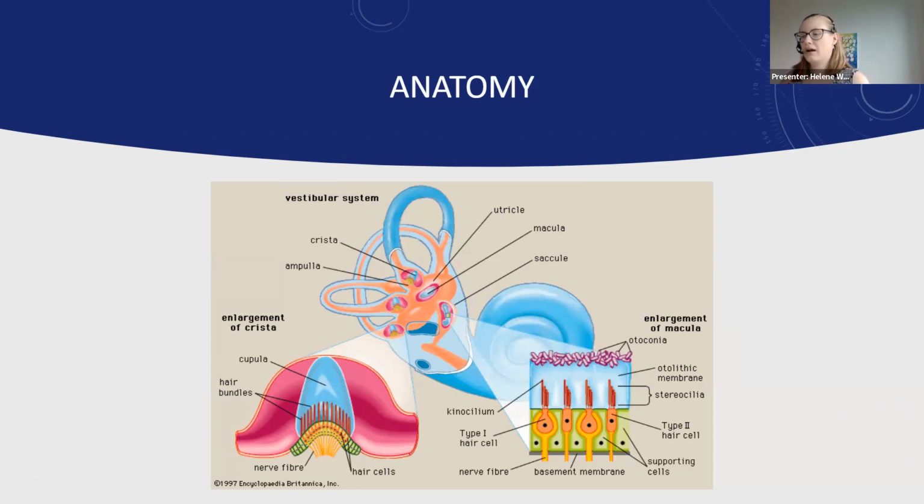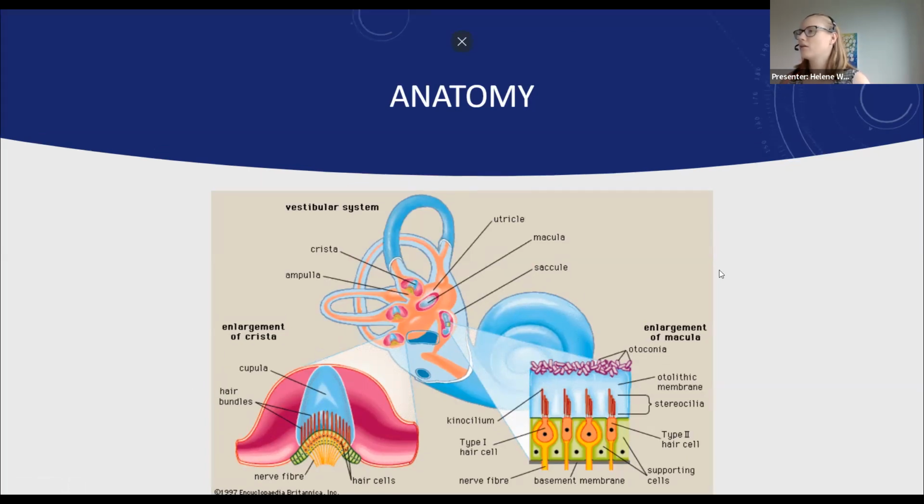On the bottom left-hand side, you can see the structure of the semicircular canals, where we've got the hair cells within the cupula. And on the right-hand side, we've got the structure of the otolithic organs.